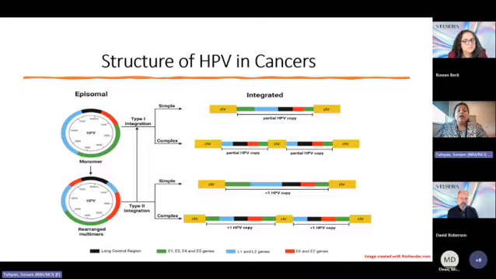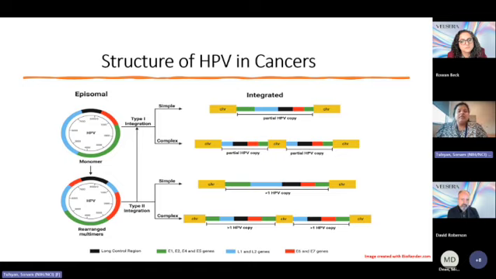That means only a partial HPV genome copy is inserted into the host chromosome. And when the rearranged multimer form integrates into the host chromosome, it leads to type 2 integration. That means more than one HPV genome copy is inserted into the host chromosome.